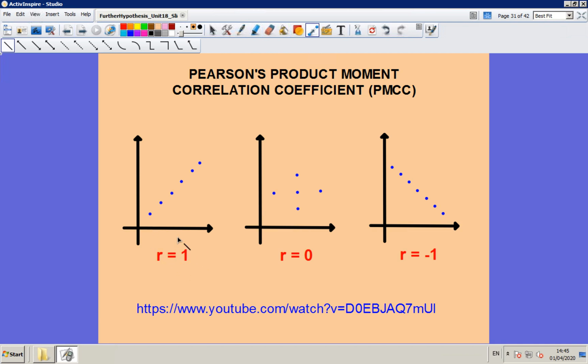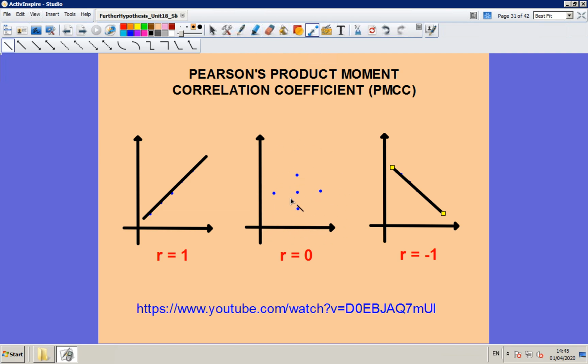If we have R equal to 1, which is the maximum value that R can take, then we have this situation where we have perfect positive correlation. The lowest value that R can take is -1, and that occurs when we have this situation. So we have perfect negative correlation. And then everything is on a sliding scale from here down to 0 in the middle, which means we have no correlation.